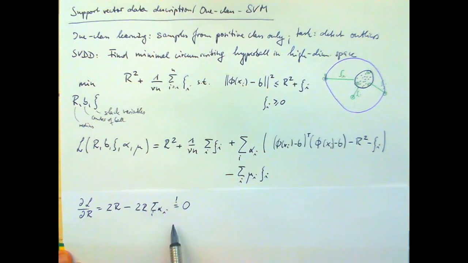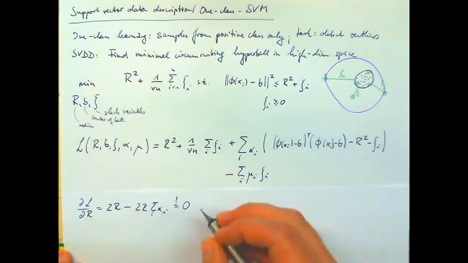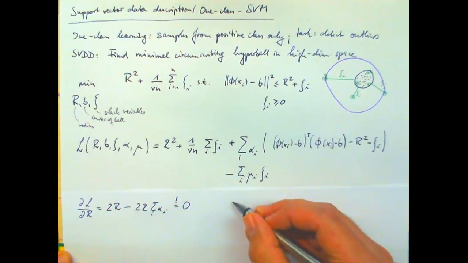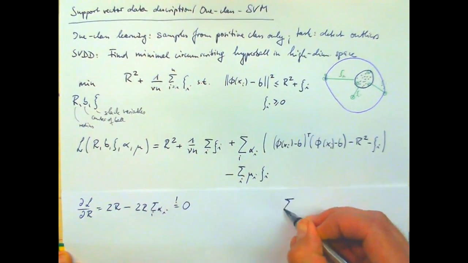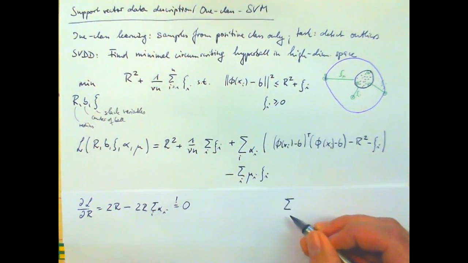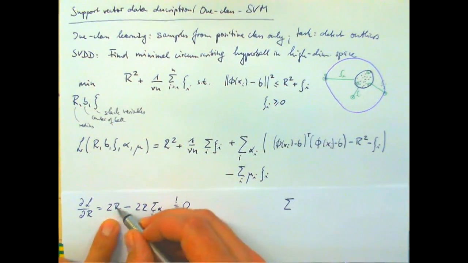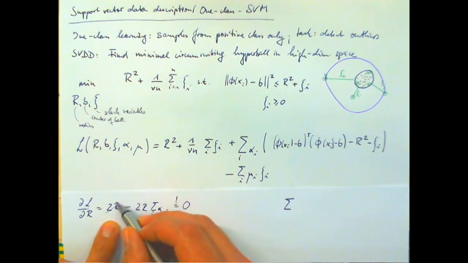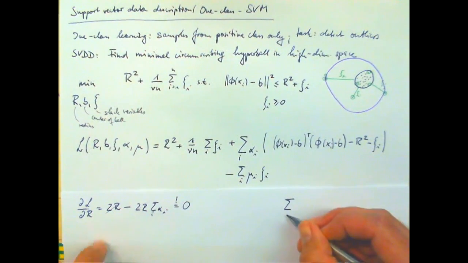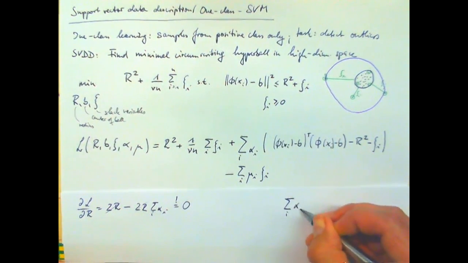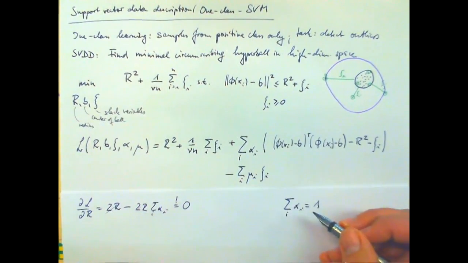I'm setting these derivatives to 0, and thus get the following condition out. See, I can divide by the 2R, and then I'm left with a 1. So I'm finding that the sum over i of alpha_i is 1. That's the first condition.